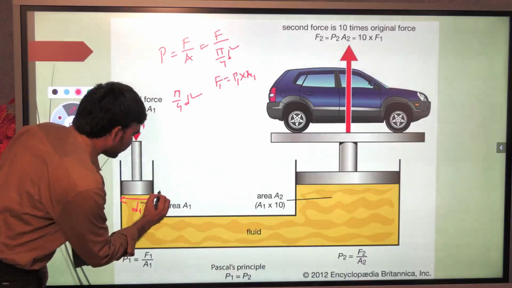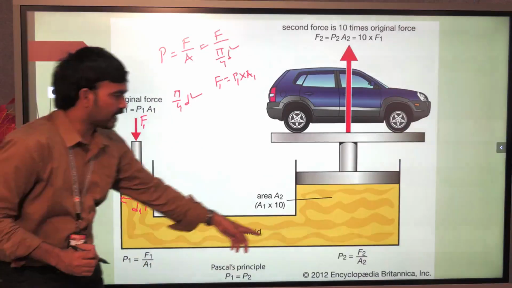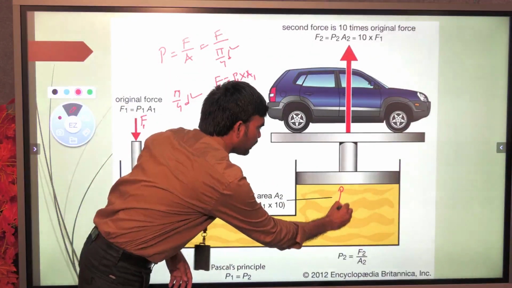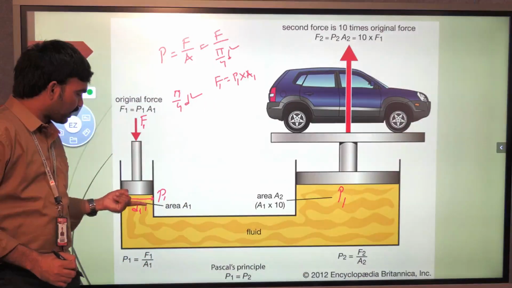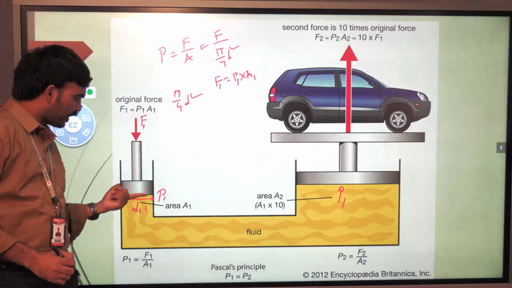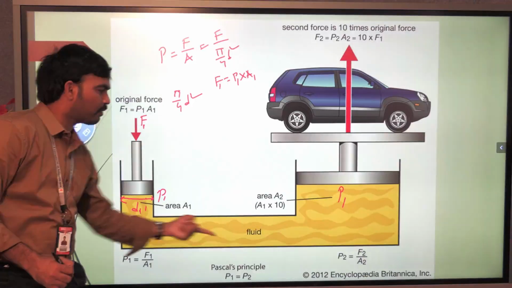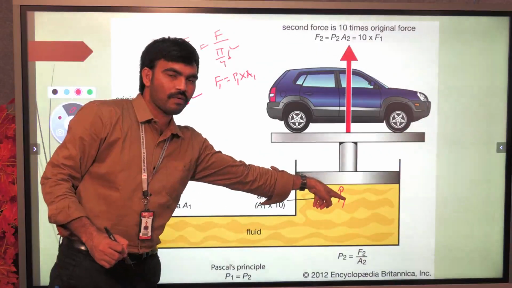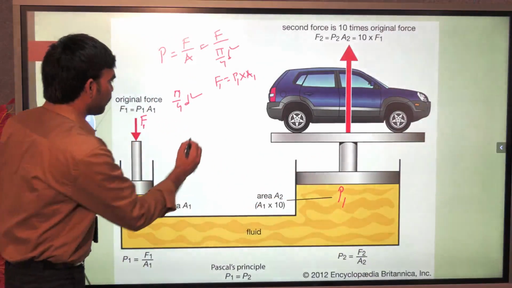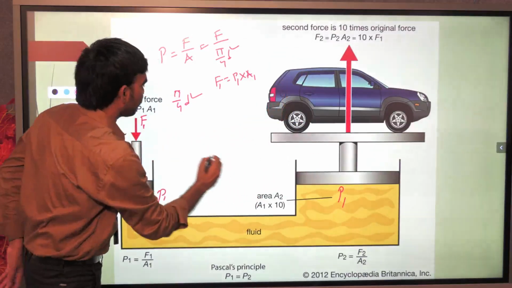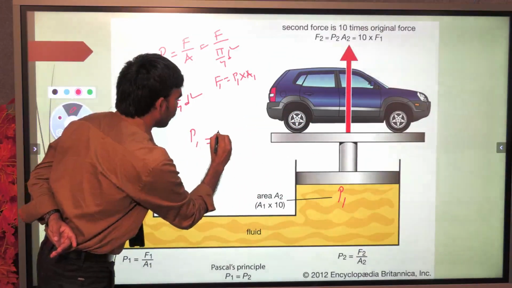So the pressure created is P1. The same pressure P1 is here also. So that means what is the pressure here? P1.